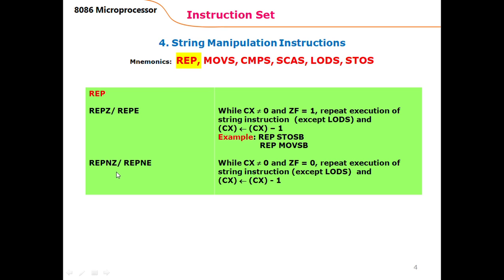So repeat while not zero means that the zero flag is not 1. That means the operation did not result in an equal condition. Or repeat while not equal, they're the same. So both of these prefixes would cause the string instruction to execute as long as the count is not 0 and the zero flag is 0.